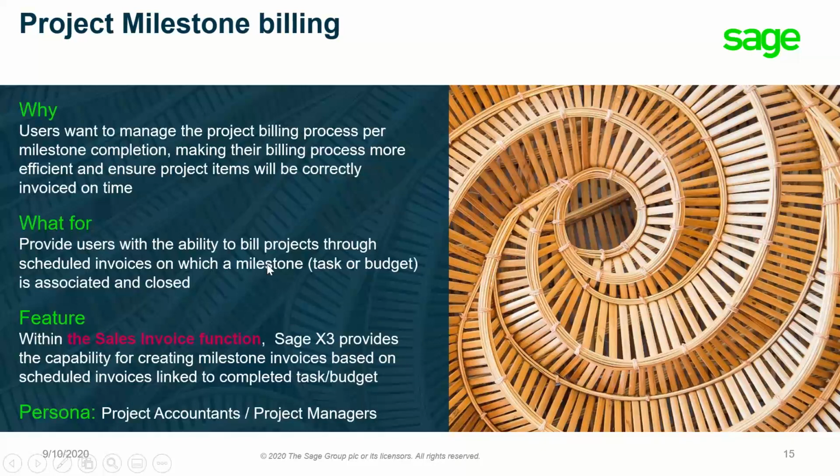Okay, so we have provided this ability for the user to bill projects through scheduled invoices, which I have just shown you, on which a milestone is associated and should be closed. Then within the sales invoice function, we now provide the capability of creating milestone invoices based on the scheduled invoice linked to the completed or closed milestone.